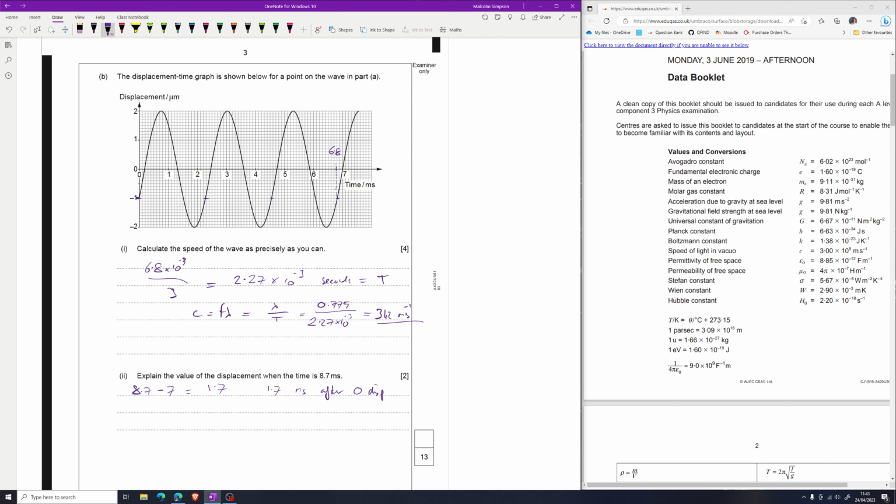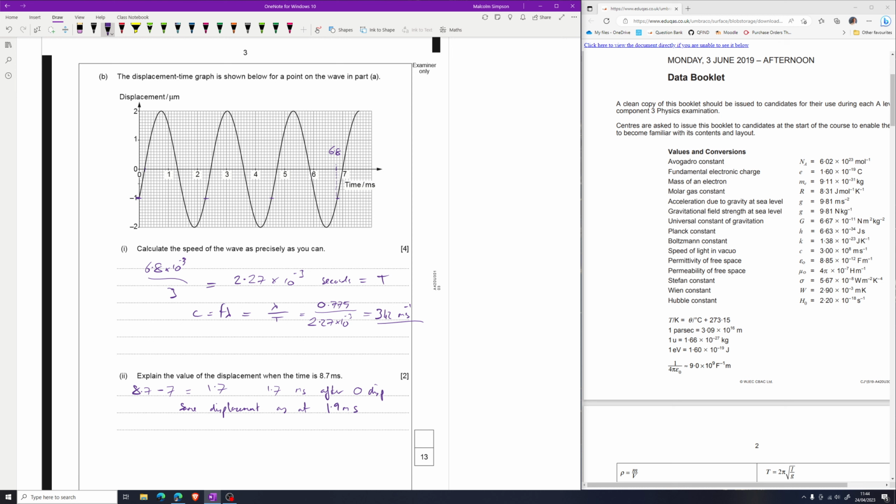So 1.7 milliseconds after 0 displacement, therefore same displacement as at, well, this passes through 0 at 0.2 milliseconds, so at 1.9 milliseconds.